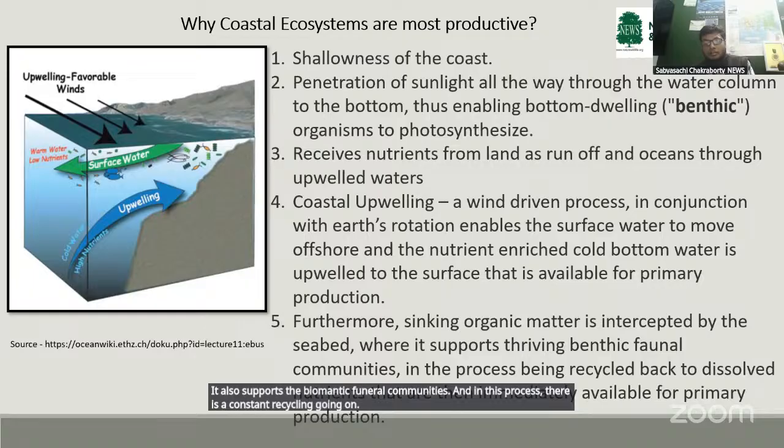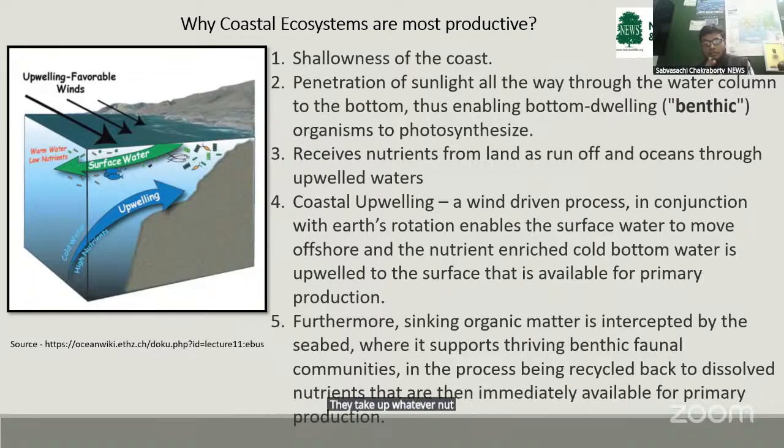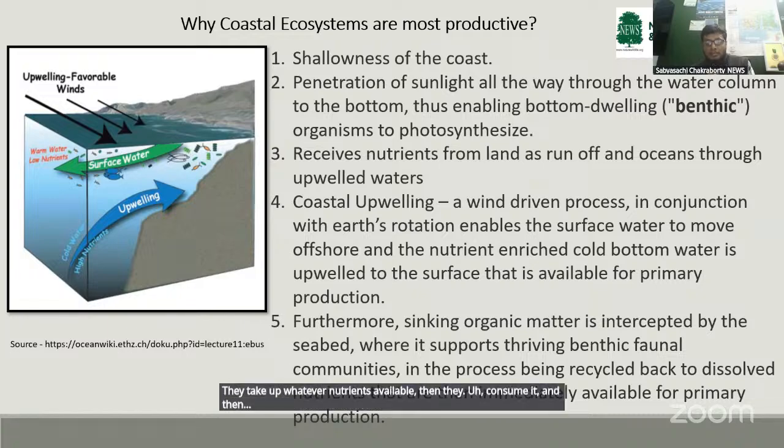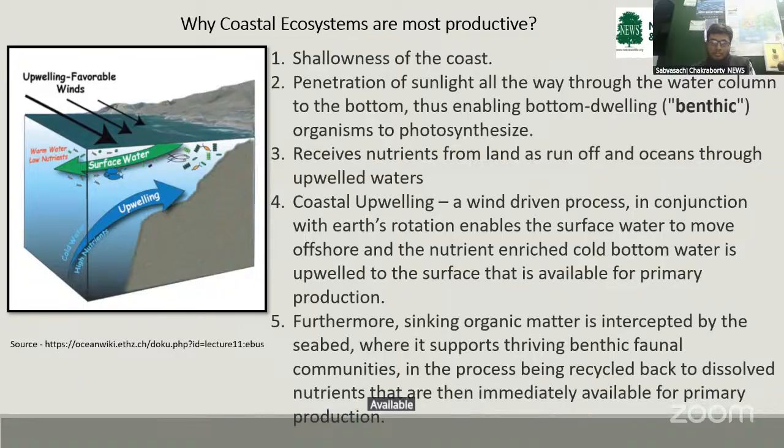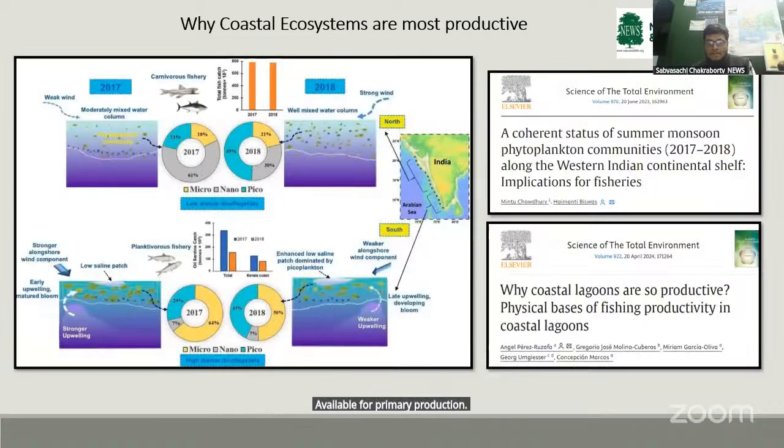They take up whatever nutrients are available, consume it, and whatever they release is again immediately available for primary production. So these are two, three research papers supporting why coastal lagoons are so productive.